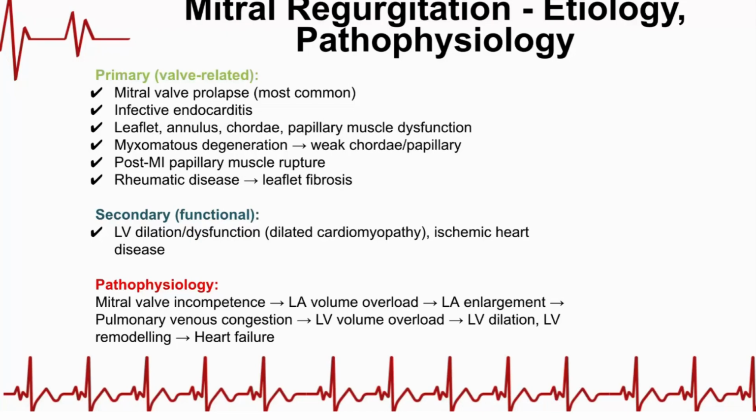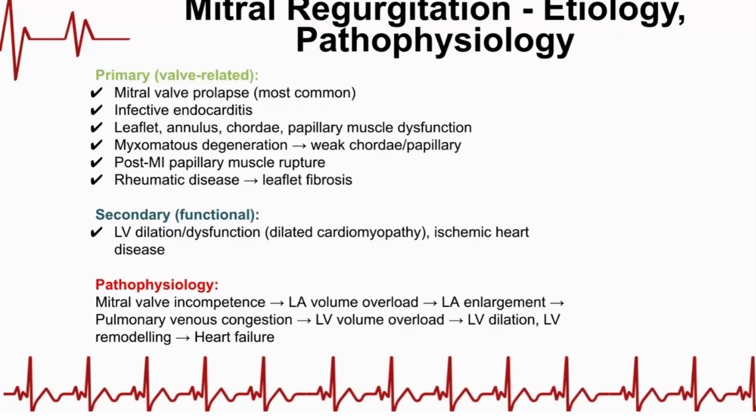The papillary muscle deals with the closure of the valve. If it doesn't close properly, you can have leaking of blood back into the atria during systole.